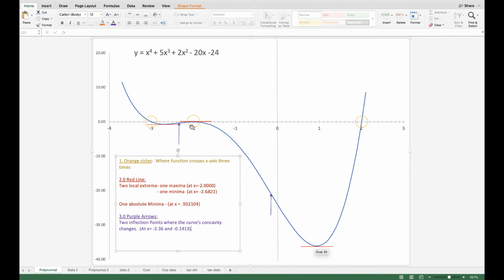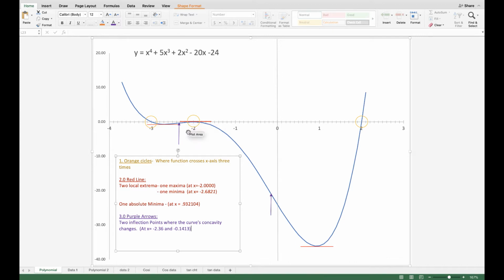Over here, we have negative second derivatives at the point x equals minus 2, and that's our local maximum of the function, because y equals 0 at that point.